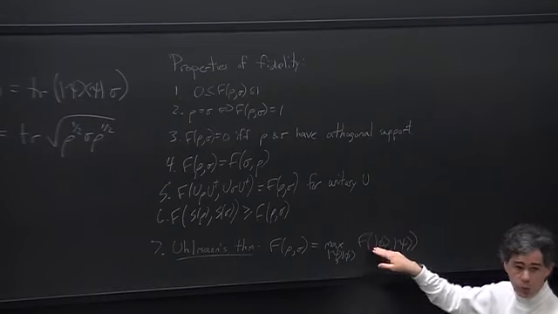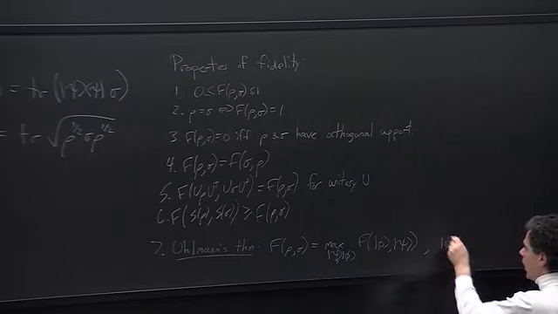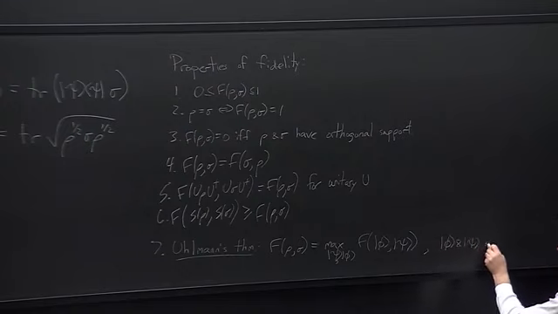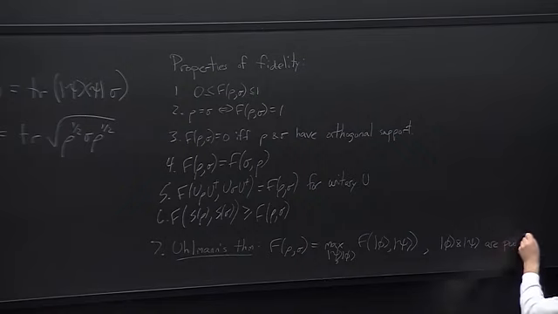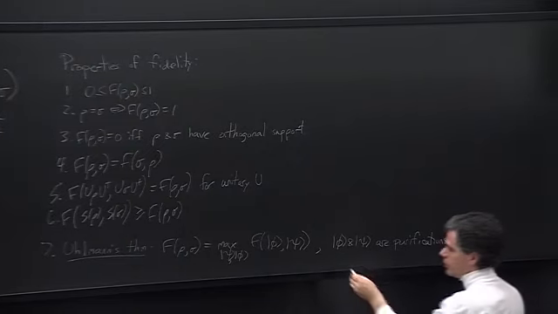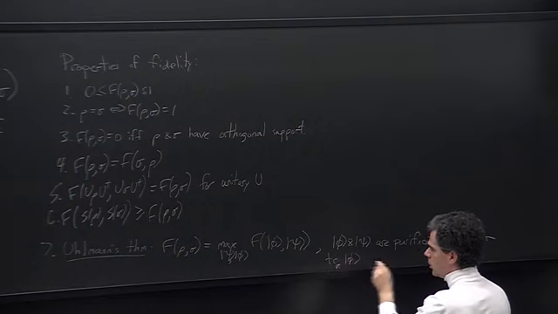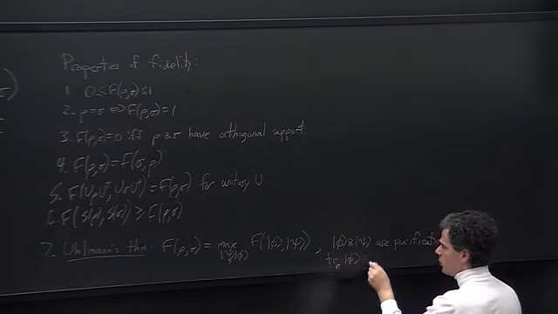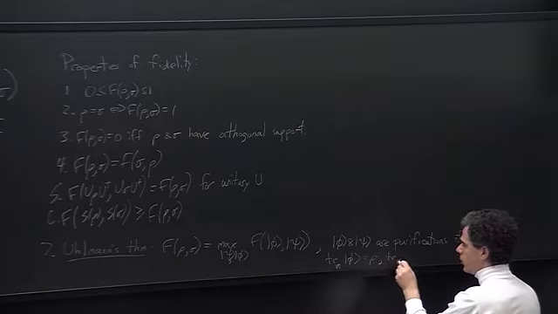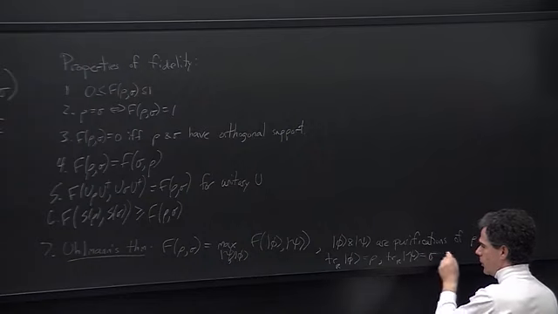So this is the pure state fidelity. And phi and psi are purifications of rho and sigma. So that means that the trace over R of phi is equal to rho, and the trace over R of psi is equal to sigma.